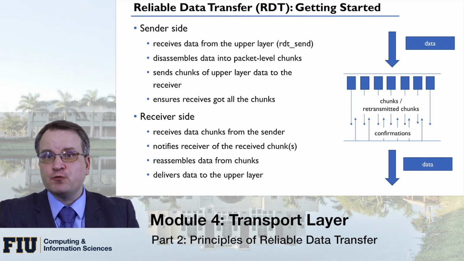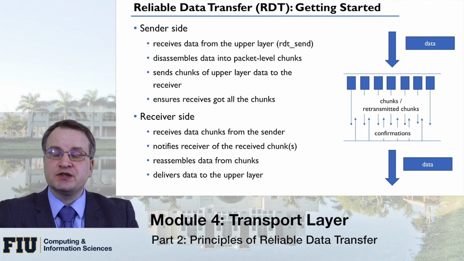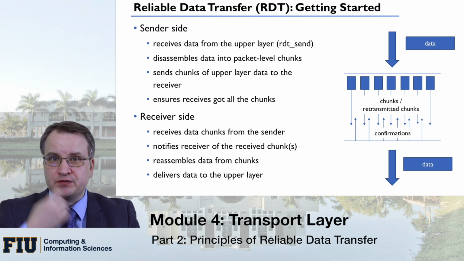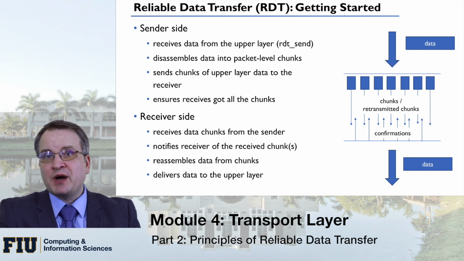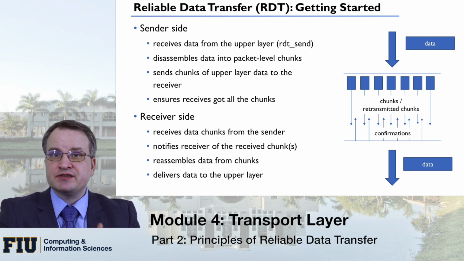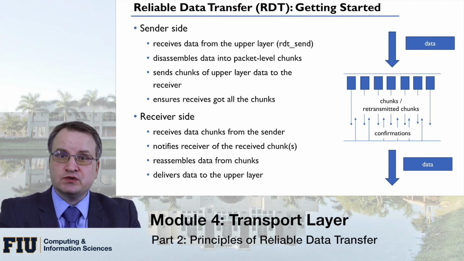Specifically, you can have some form of confirmation coming from the receiver, and only after the sender receives that confirmation can it move on to the next chunk or do something else. The job of the receiver is effectively to receive those chunks and notify the sender that it has received them, or that something was not received, or do something else for notification purposes. If needed, it reassembles those packets in order, for example, and then delivers them back to the application.